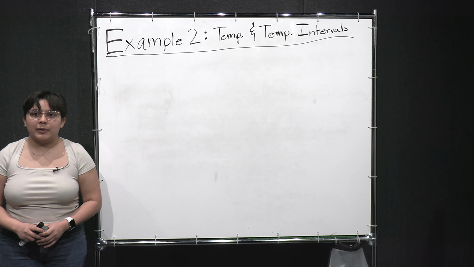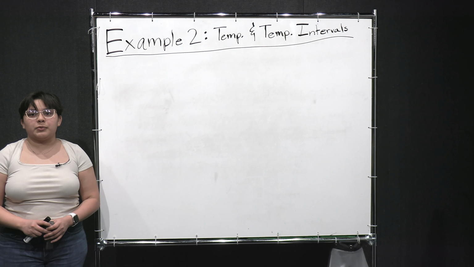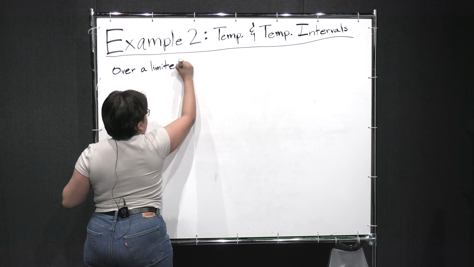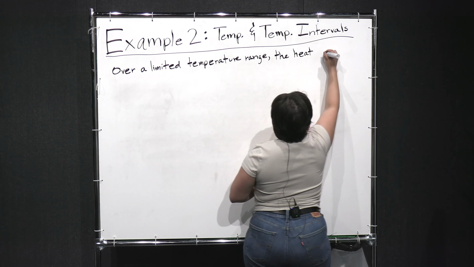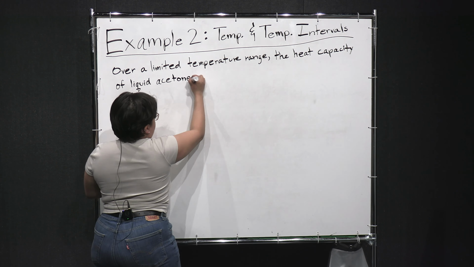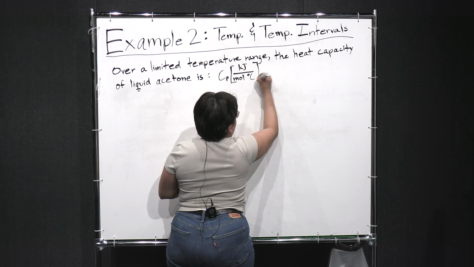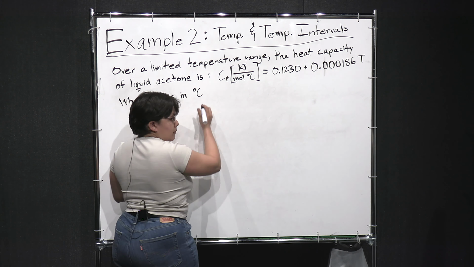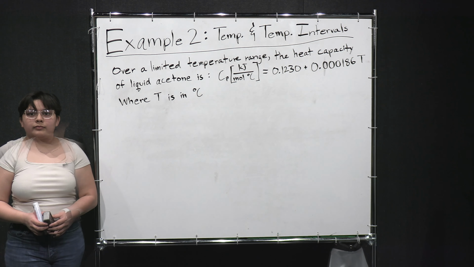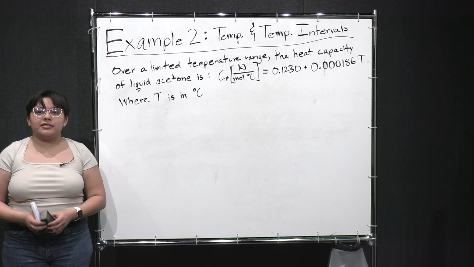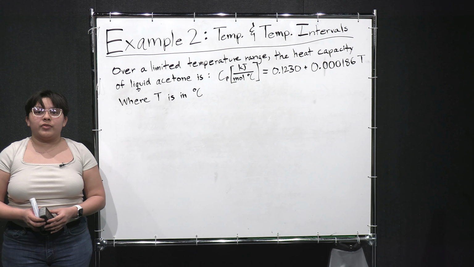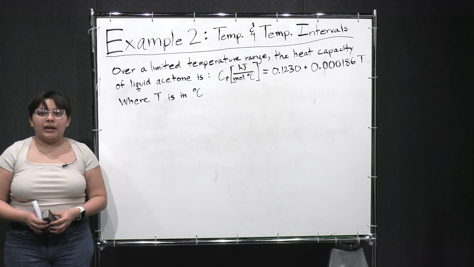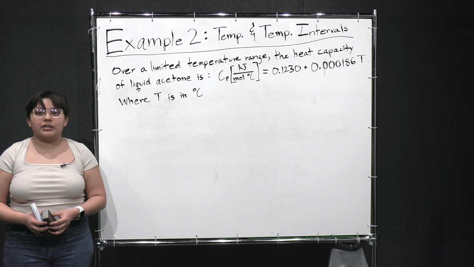We have a formula for the heat capacity of liquid acetone in units of kilojoules per mole degree C, with the temperature in the formula in degrees C. We want the formula for the heat capacity, C sub P, in kilojoules per mole Kelvin with the temperature in Kelvin, kilojoules per mole degree Rankine with the temperature in degrees Rankine, and kilojoules per mole degrees Fahrenheit with the temperature in degrees Fahrenheit.